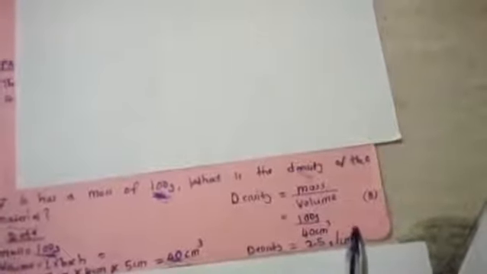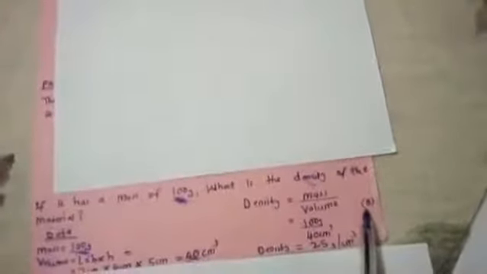Mass we've been given as 100 grams, and volume we have calculated as 40 cubic centimeters. So now density is equal to 2.5 grams per cubic centimeter. That's our final answer. That's B.